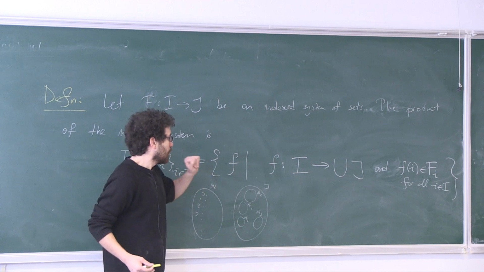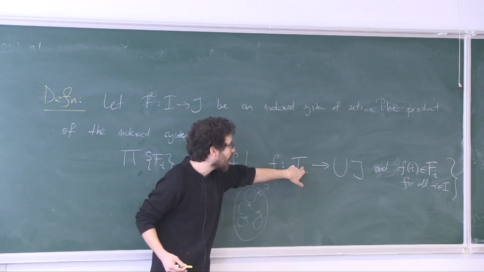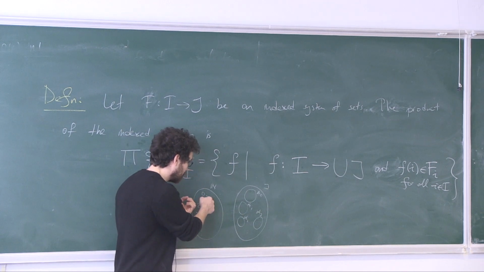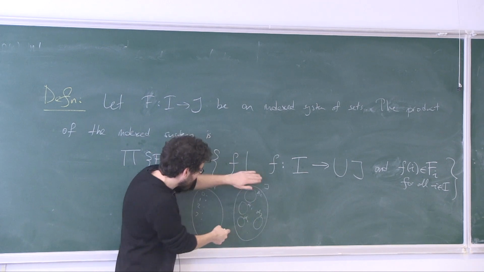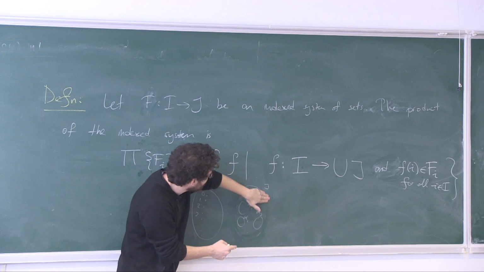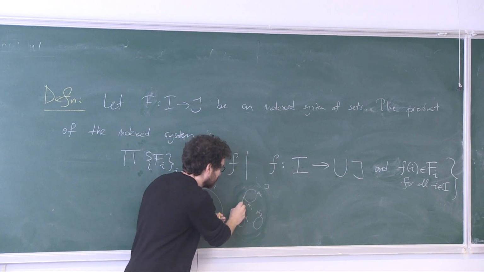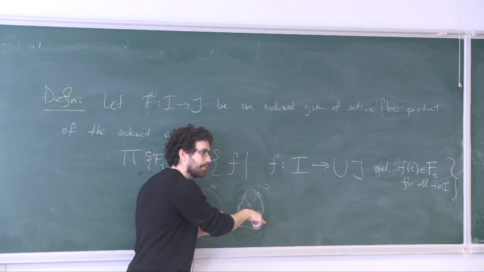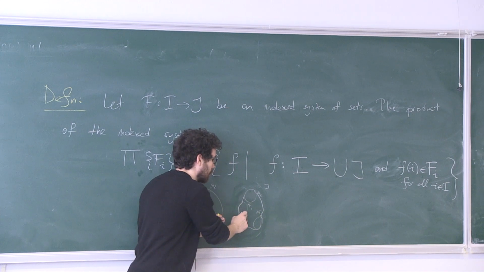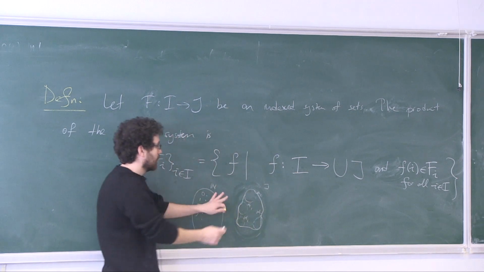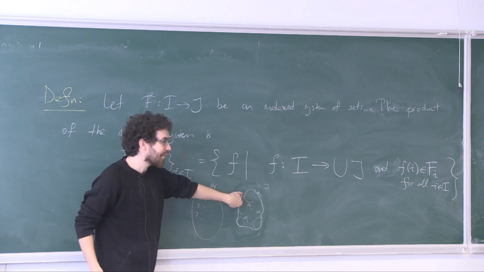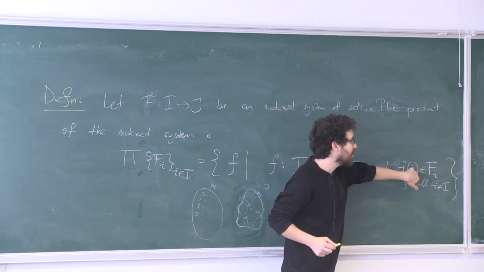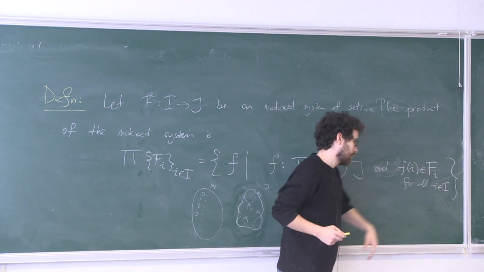First of all, it should be a function from I to the union of J. So I have a function which goes from here to, it doesn't go to J, it goes to the union of J. So I take the union of all these guys. It's a function from here to here. It's a function such that the value of this function at I belongs to the ith set.